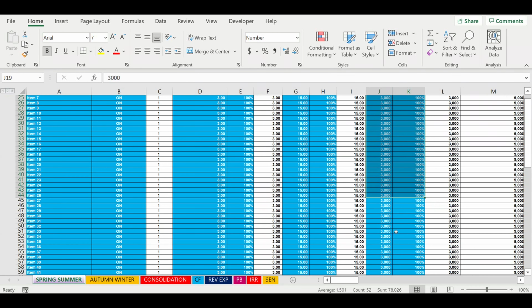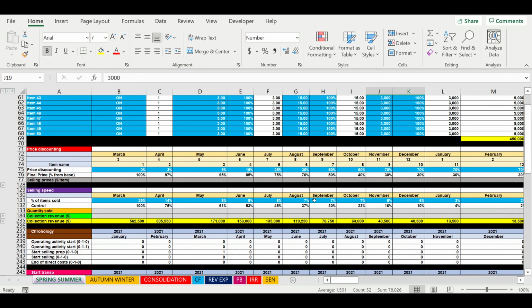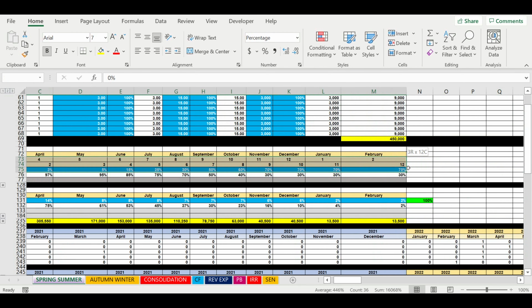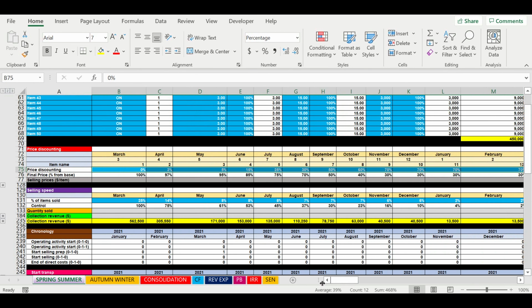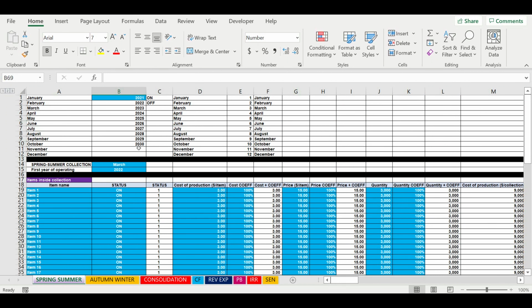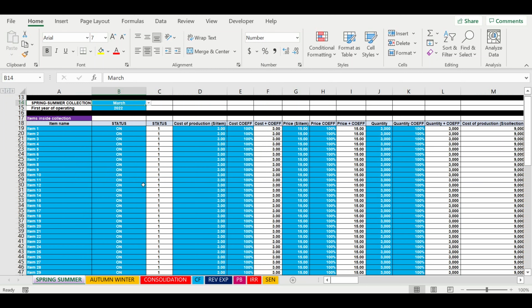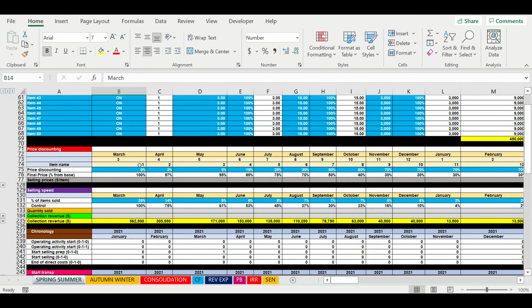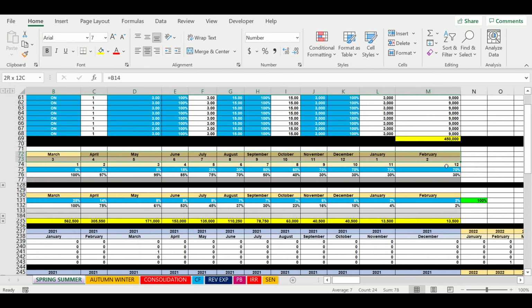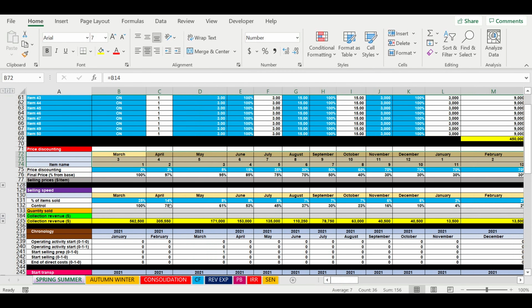Then we move forward. Then we describe the price discounting during the period when we start selling our collection. When we enter March, March appears here, and then we have a 12 month period when we sell this collection.